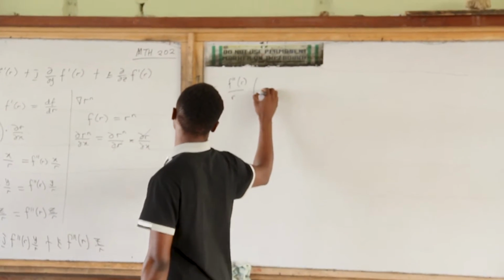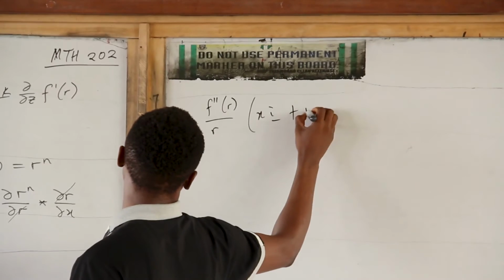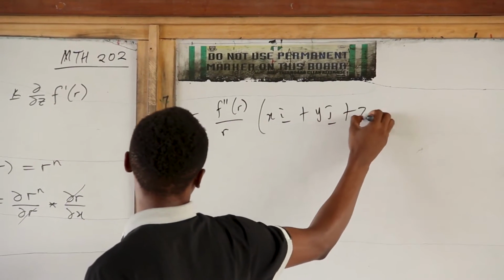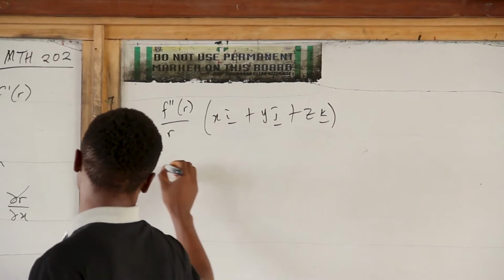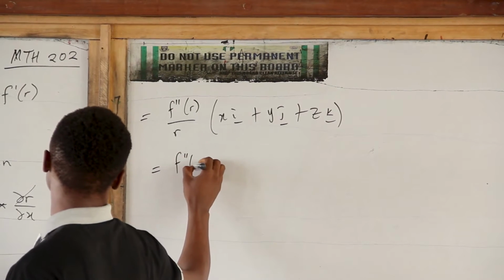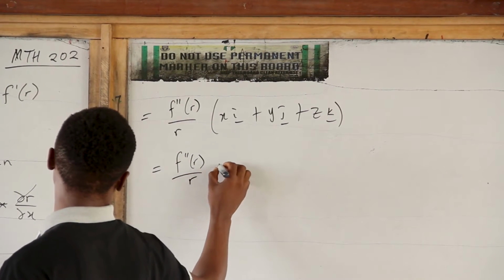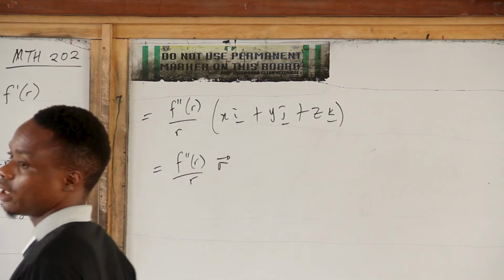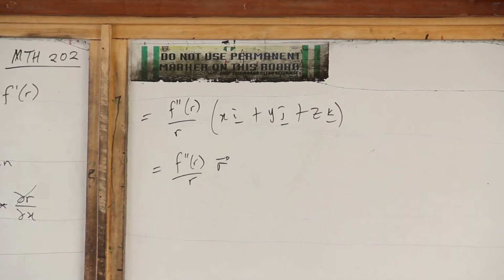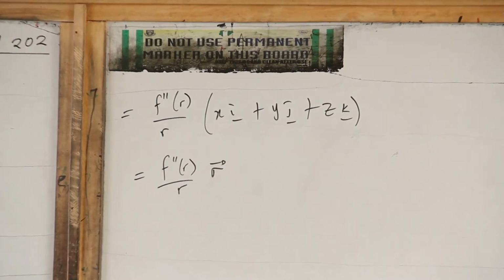So that is f prime prime of r all over r multiplied by the r vector. I'm given that r is equal to xi plus yj plus zk.